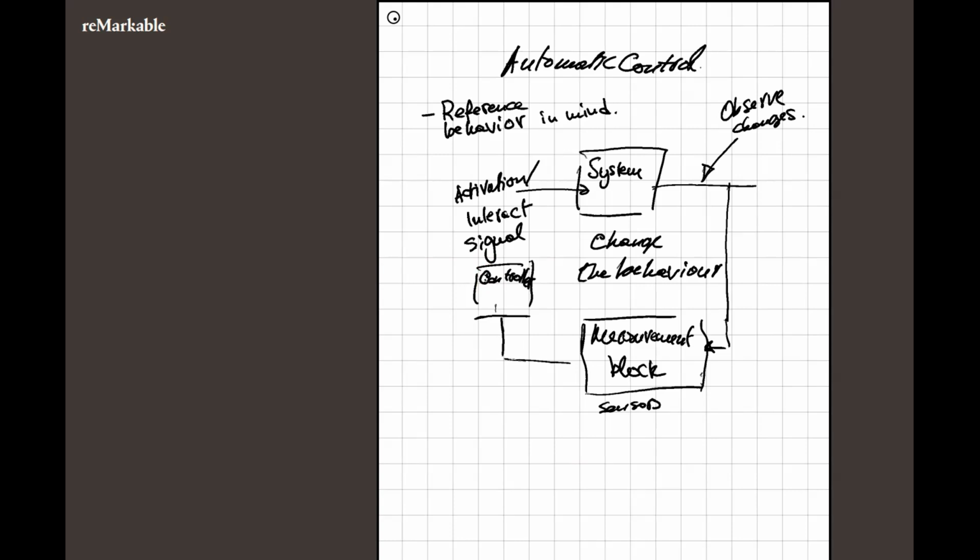The controller takes two inputs and outputs a control signal, the interaction signal that goes into the system. It takes this reference behavior and takes the measurements of the effect of the changes, which is also known as the error.